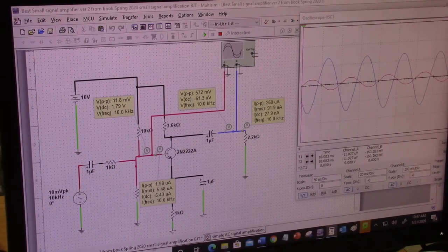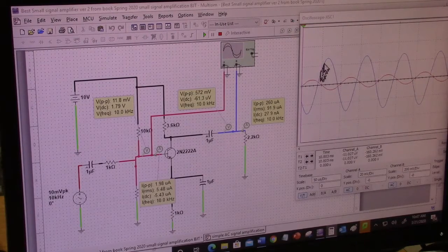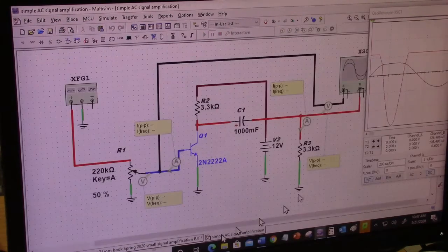And you'll notice that I don't have that problem of cutting off one of the waveforms, because that was a problem with the previous circuit, where I cut off one of the parts of the waveform, right? This top part, you notice that when the input went down, this shut off.